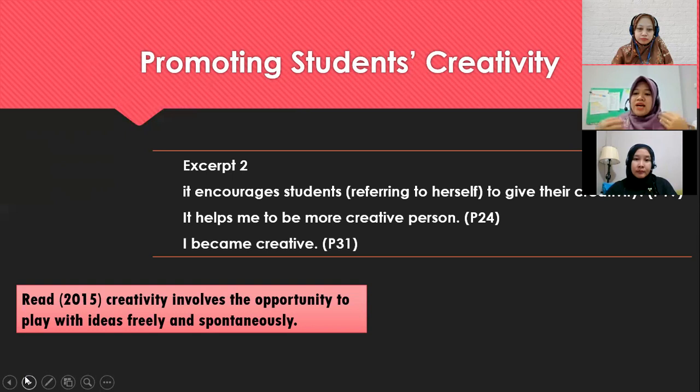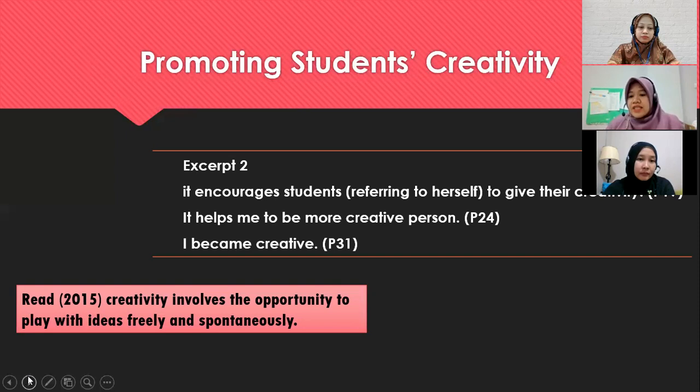So the creativity, the spontaneous ideas when they write haiku as a learning reflection comes during the process of writing the haiku.